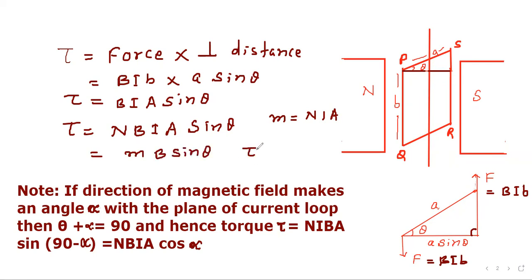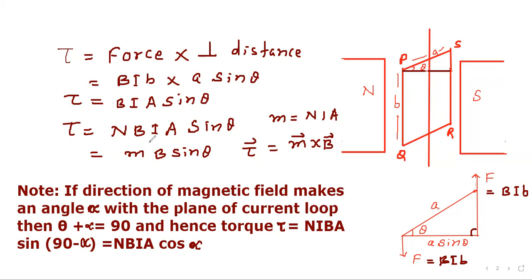In vector form, we can say tau equal to M cross B. Maximum value of torque will be NBIA when theta is 90 degree, and minimum value will be 0 because it will occur when theta is 0 degree.